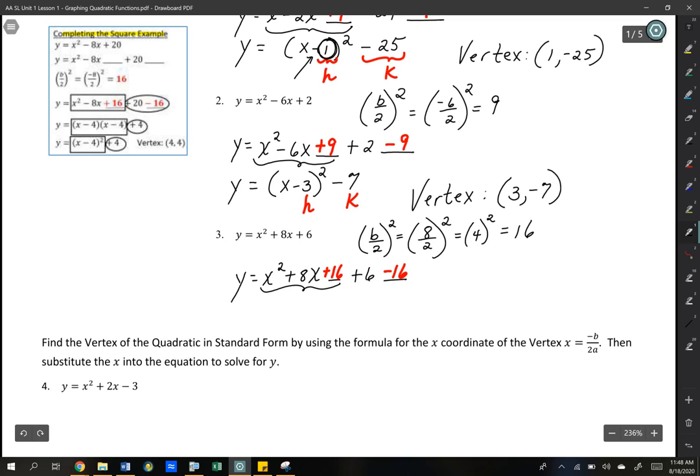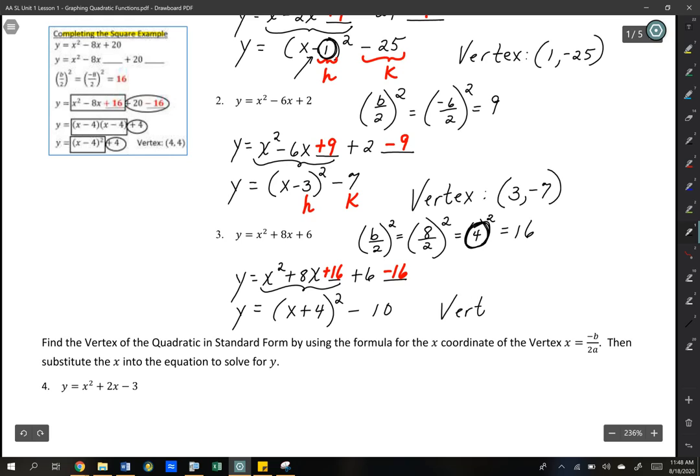Now this is our value inside before we squared it. This is going to be x plus 4 squared. So x squared plus 8x plus 16 is equivalent to x plus 4 squared. And then we have plus 6 minus 16, so that gives us -10.